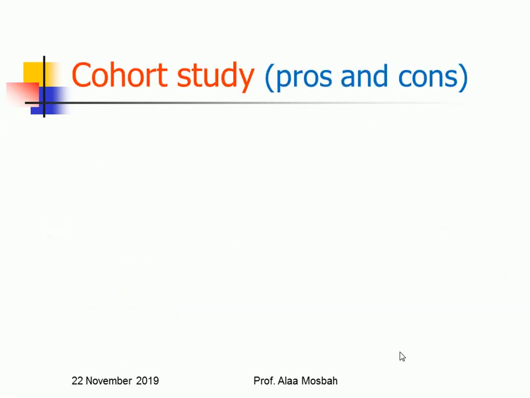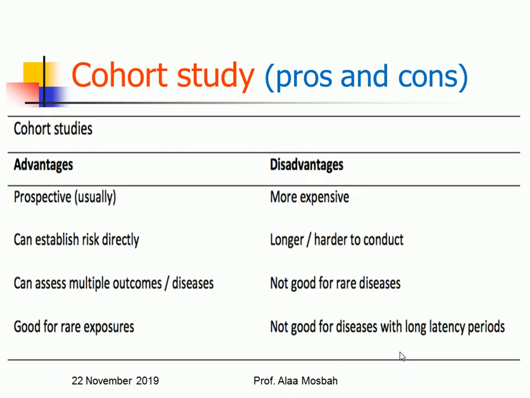What are the pros and the cons? The advantage: being prospective, yes, it's an advantage. Can establish risk directly. Can assess multiple outcomes of disease.